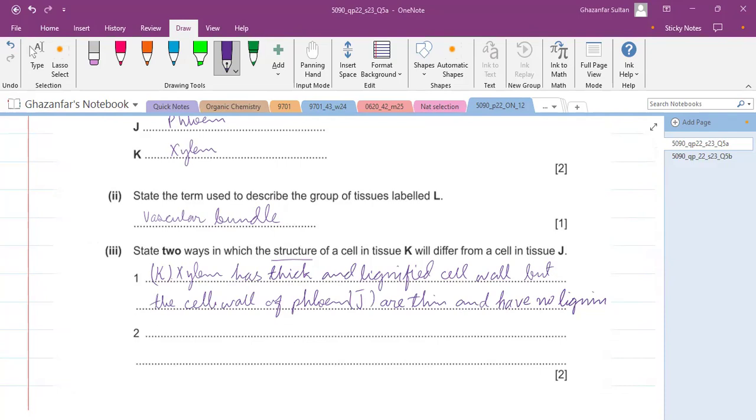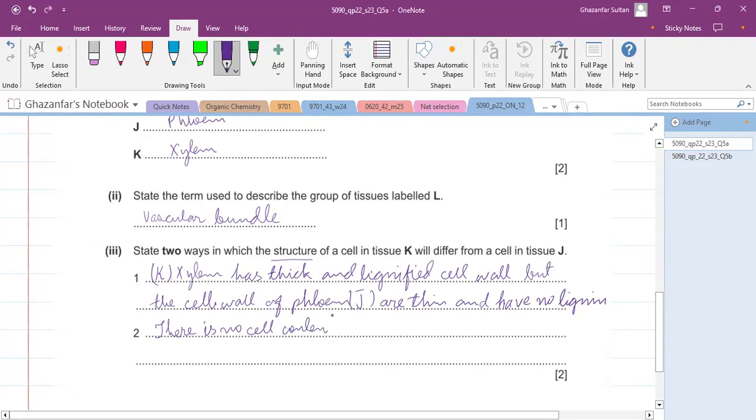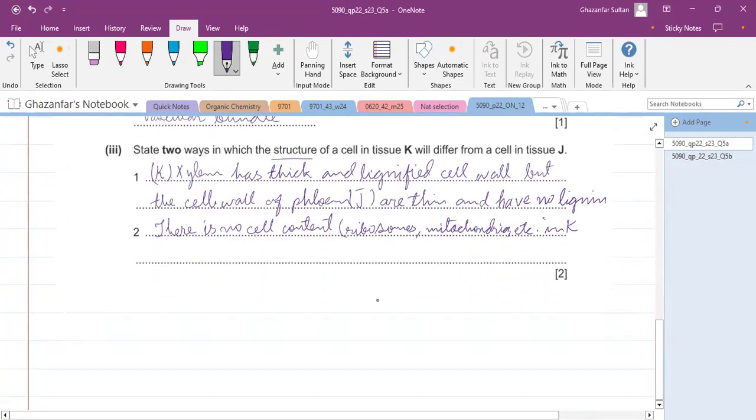And now, there is no cell content in K. Cell content means any cellular structure, for example, mitochondria, ribosomes, etc. It has no cell content in K, but J has organelles.